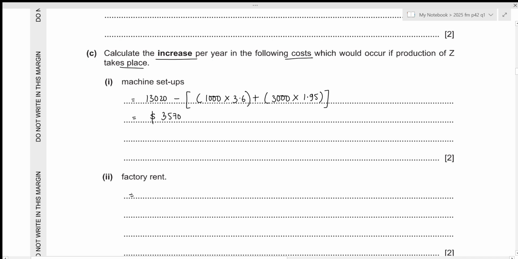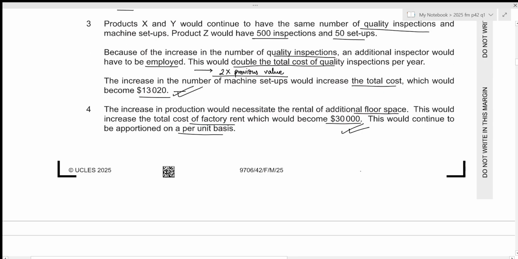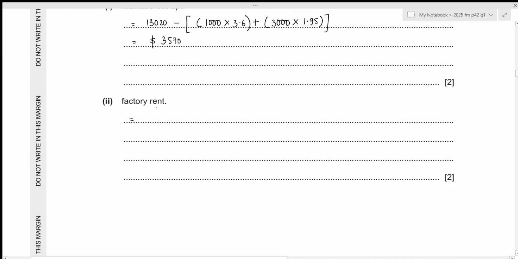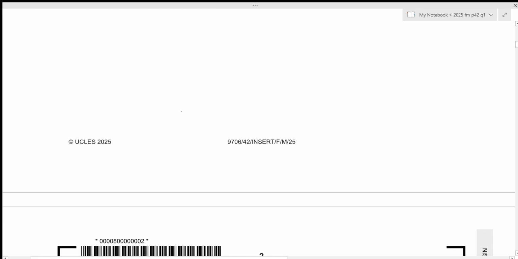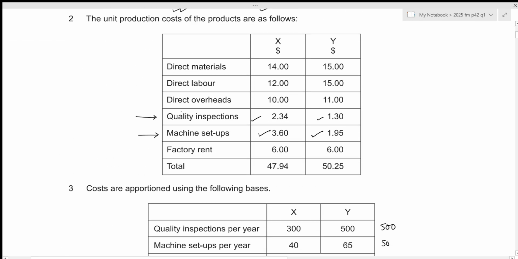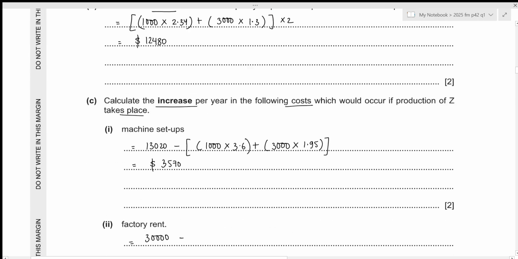Let's repeat the same process for factory rent. We will start with the new total, which was given to be 30,000. Then we will subtract the previous total. So for the previous total, for rent as well, we have been given the per unit value, which is 6 for both the products. So we can calculate it at once.